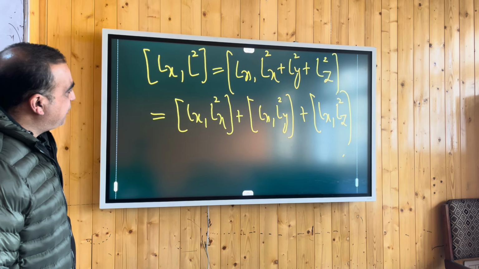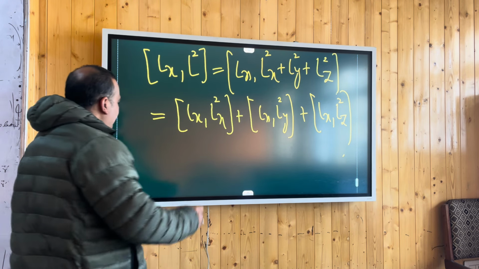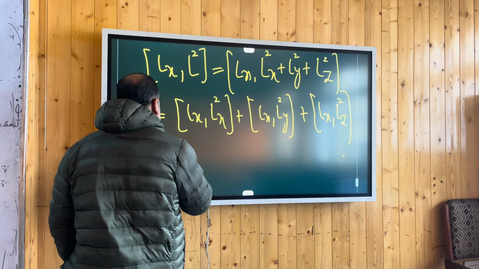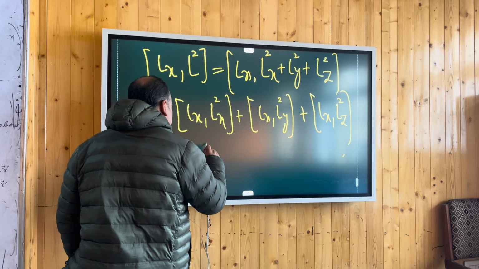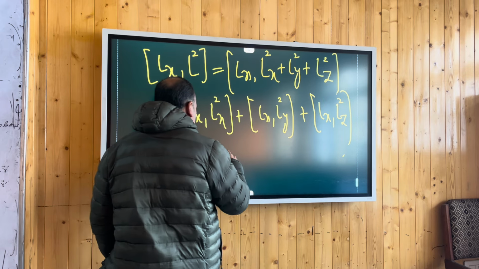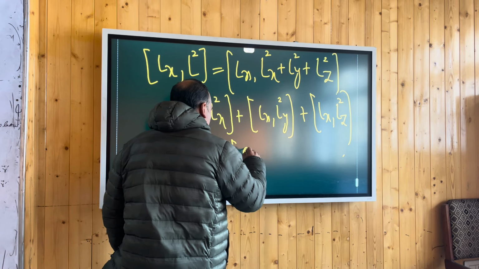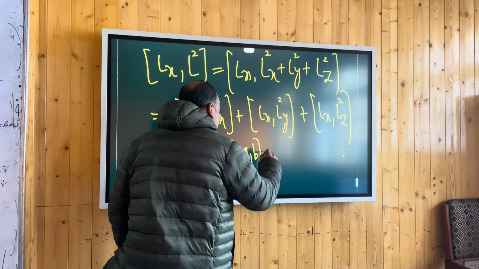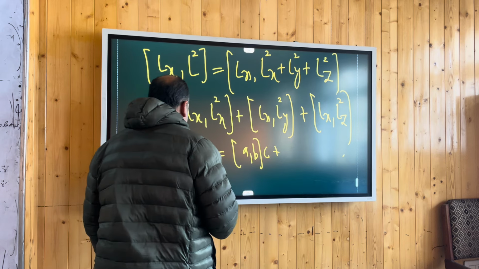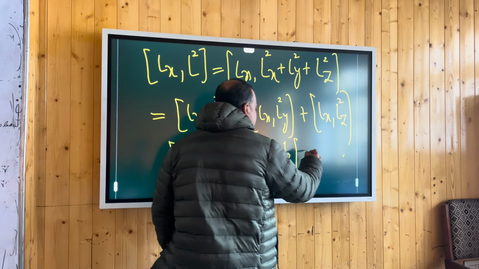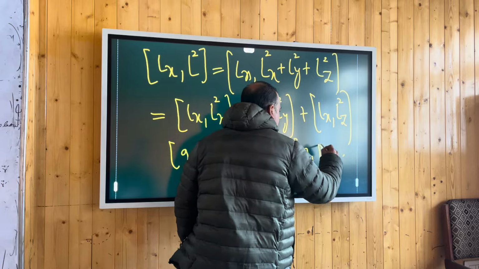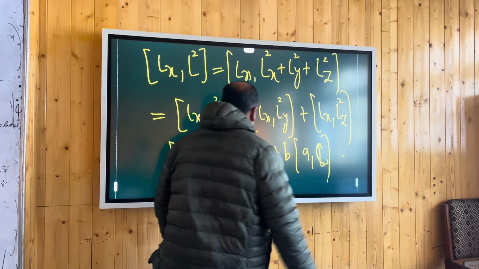What kind of commutation would I like to use here? Do you remember the commutation [A, BC]? This is equal to [A, B]C plus B[A, C].